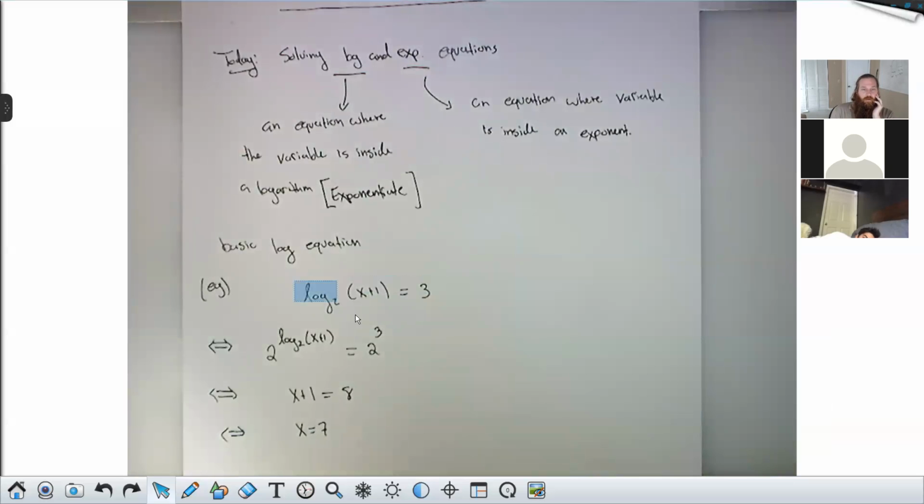But here, if you're starting with your variable inside a logarithm, the move is to exponentiate, and you always exponentiate using whatever number the base of the given logarithm has. So if this was a base 5 log, I would have put both sides in the power of 5.